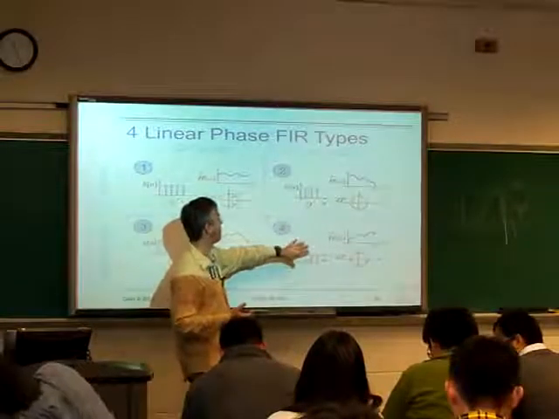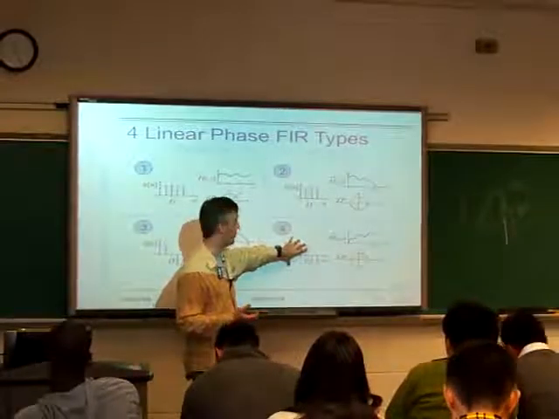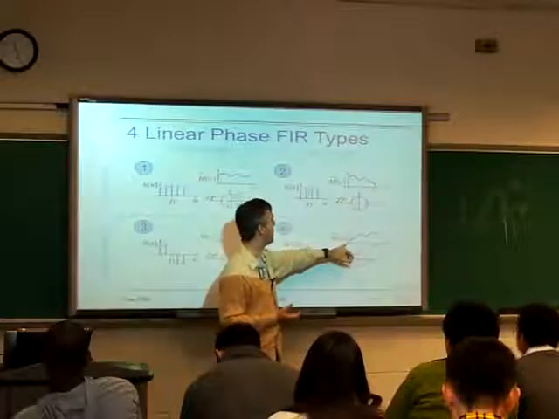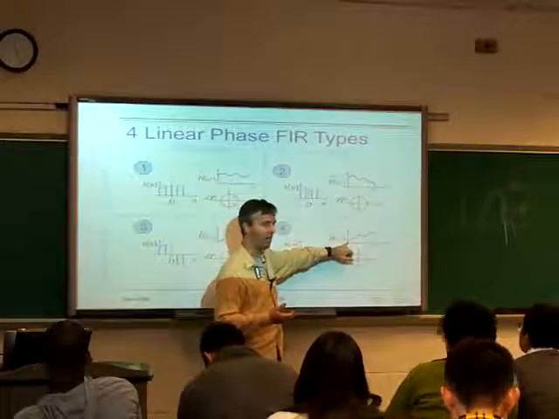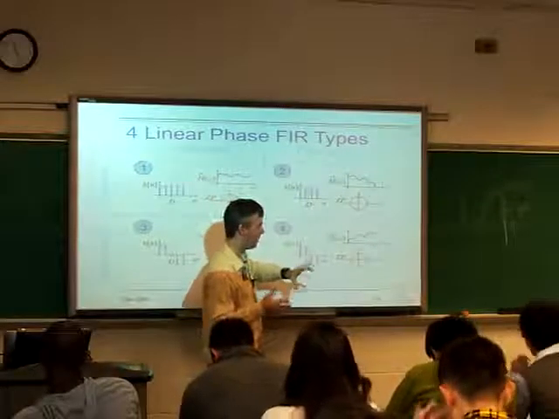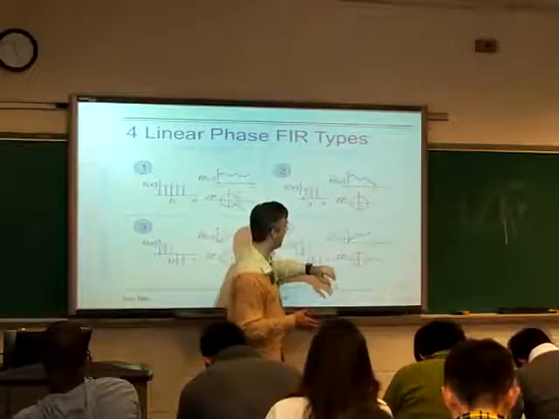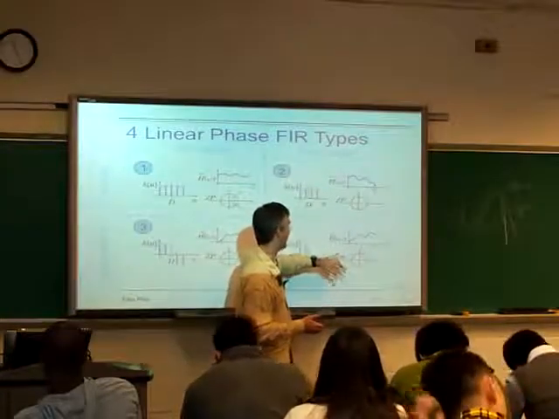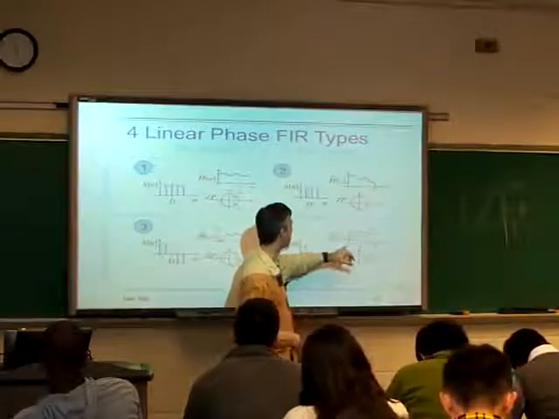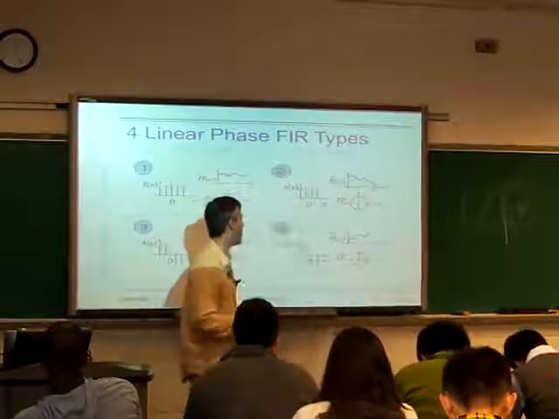This is the most flexible one that also achieves a pi on 2 phase shift. Pi on 2 phase shift means that you've got to have a gain of 0 at DC because you can't delay a DC signal by a fraction of its wavelength, because it doesn't have a wavelength. Wavelength is infinitely long. But apart from that, you can make it whatever shape you want.